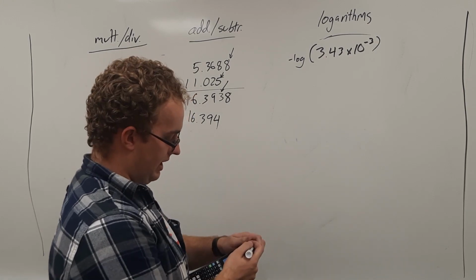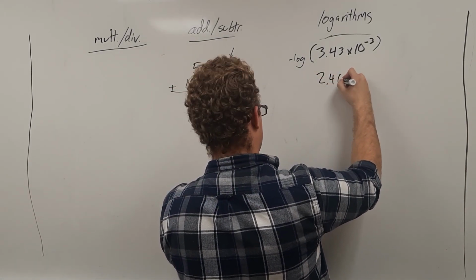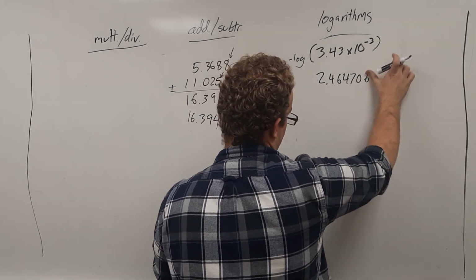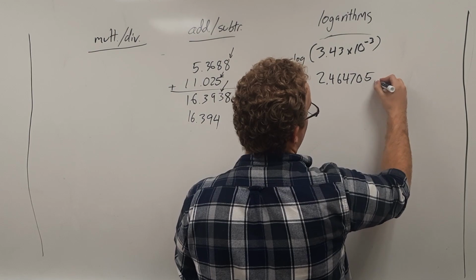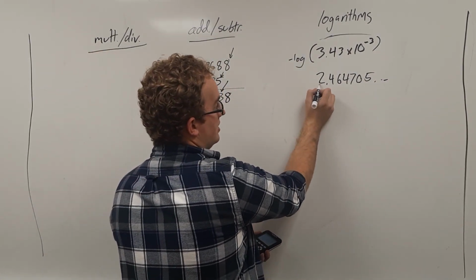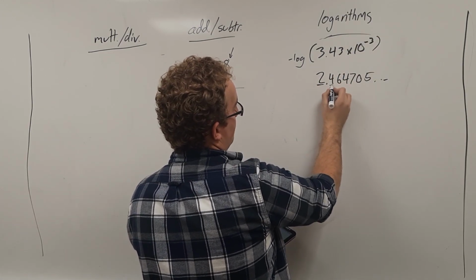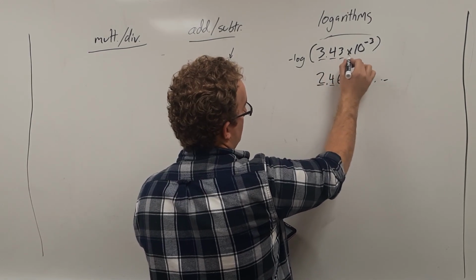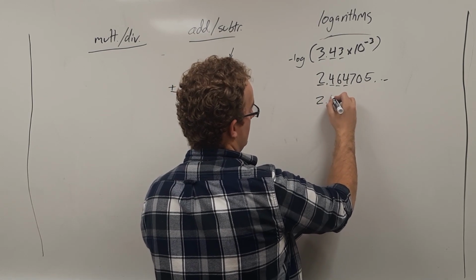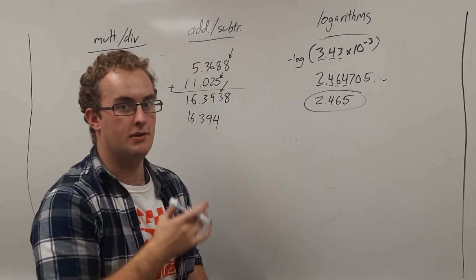Your answer that your calculator will tell you is 2.4647006, or I think this is a 5, I rounded it. And then a bunch more digits that we can't really use. So we know that this digit before the decimal is completely accurate. It sort of comes from this. And then there's 1, 2, 3 digits. So the first 3 digits are significant and we have to round to that. Our answer will be 2.465. And that has the right number of sig figs.